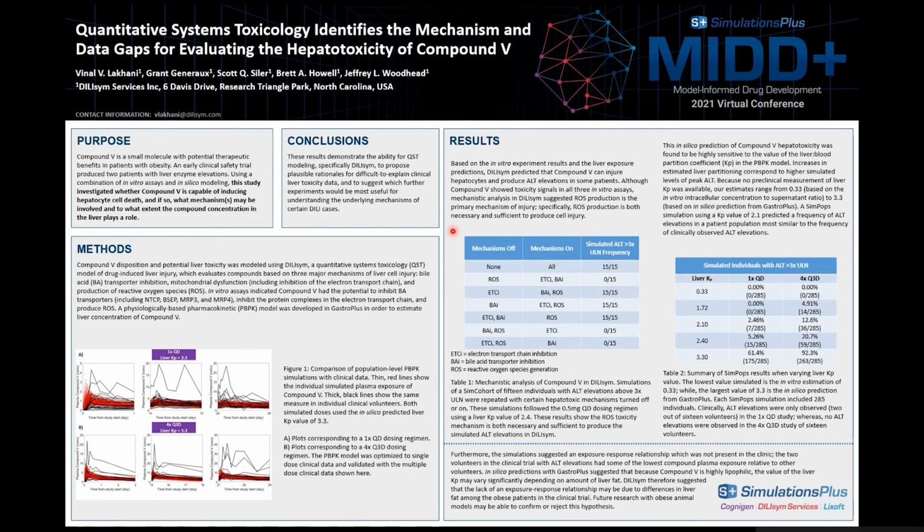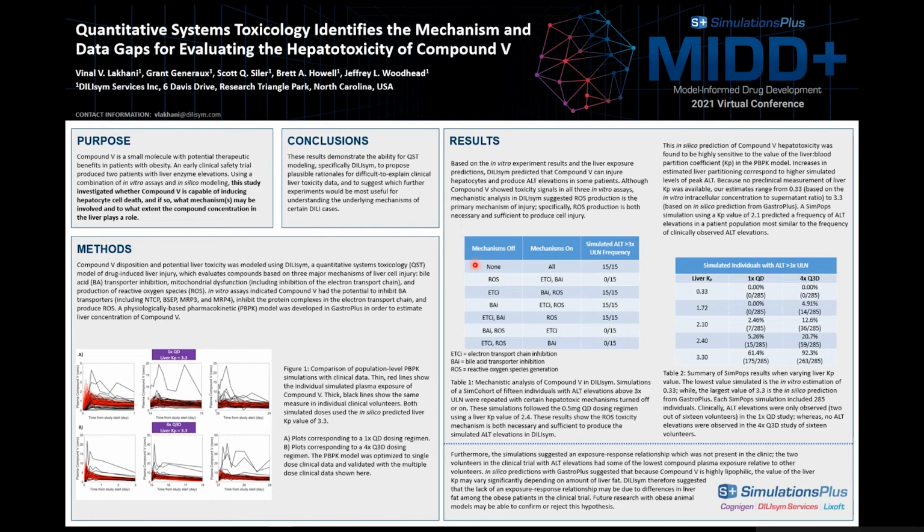As we mentioned earlier, unfortunately, this compound does trigger all three mechanisms of hepatotoxicity. So one exciting thing you can do with in silico modeling, and specifically DILIsym, is to turn each one of those mechanisms off or on systematically, and we can then pin down exactly which mechanism or mechanisms, plural, are responsible for this compound causing toxicity or cell death.